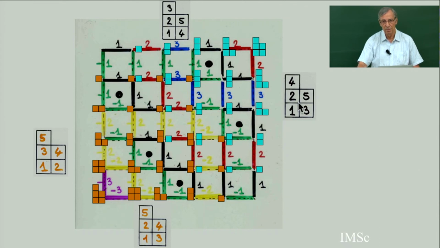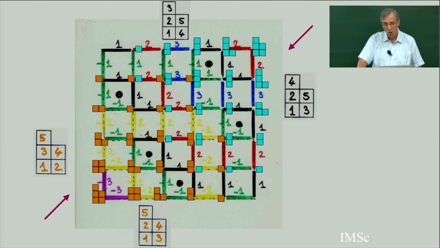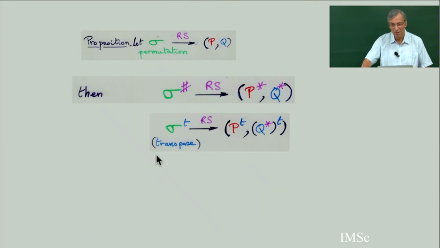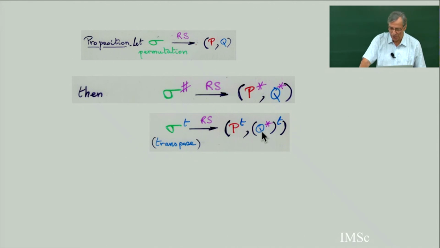So here is a P symbol, here is a Q symbol, and if you do the complementary mirror image, then you get all this tableau, and you get these two dual P and Q. And there is also another theorem which says that if you take the transpose, so you just take the symmetry along the vertical axis, then you get one of the tableaux transposed, and the other tableau will be the transpose of the dual.